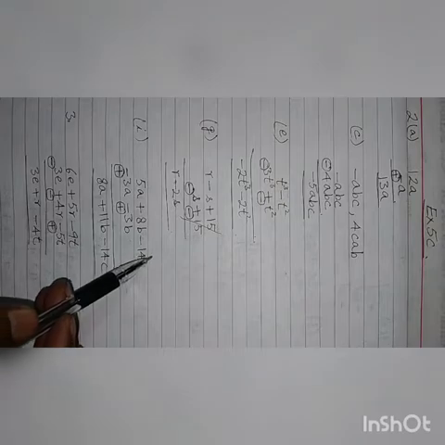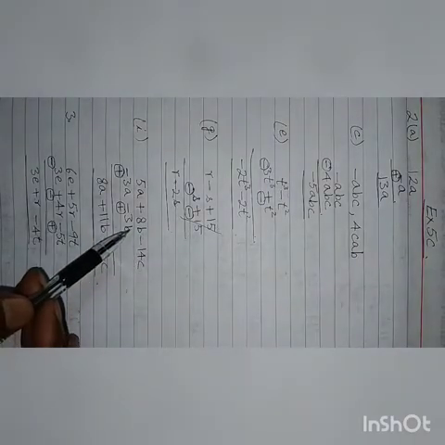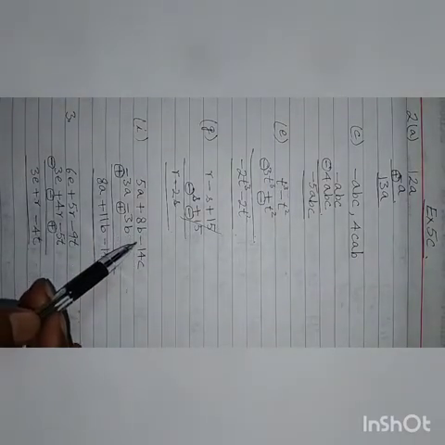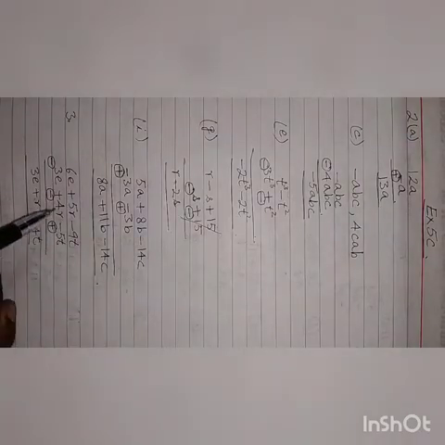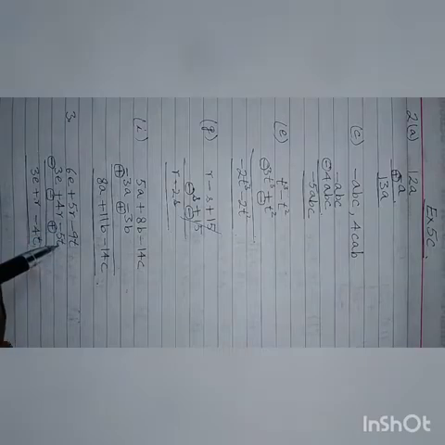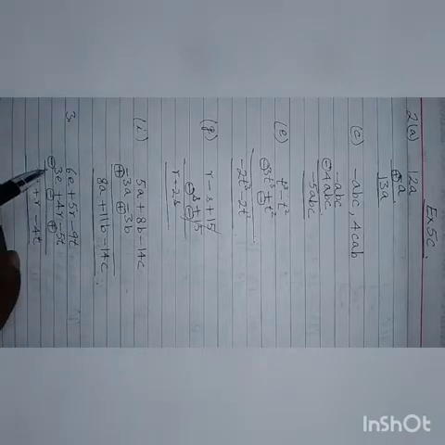Now question third, take away. Take away means you have to subtract. So again write the expression, and the expression that has to be taken away, write it in the second row, and then change the sign of all the terms.